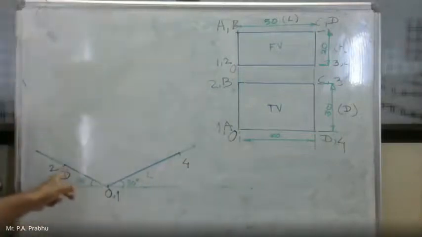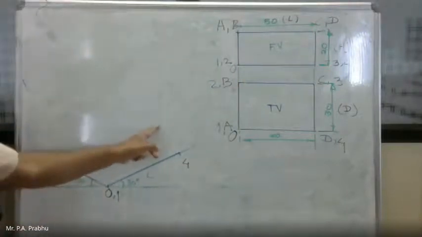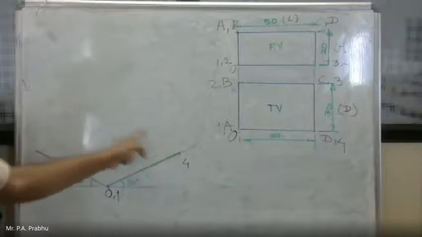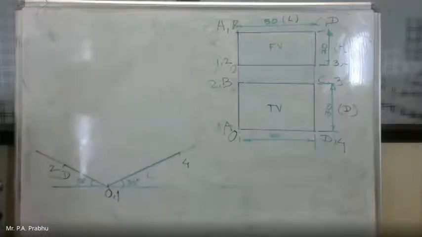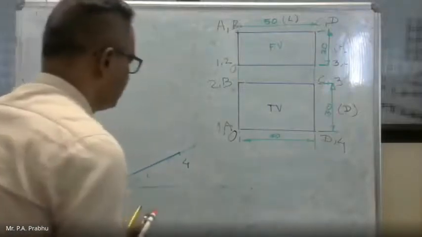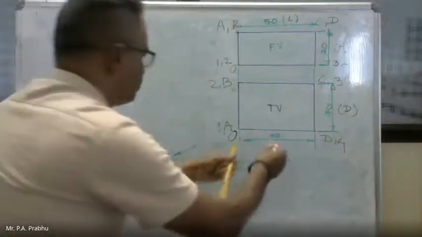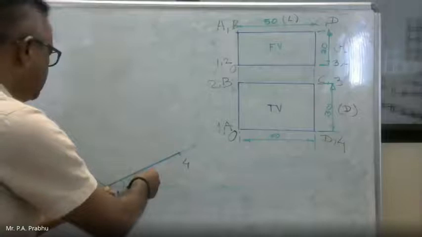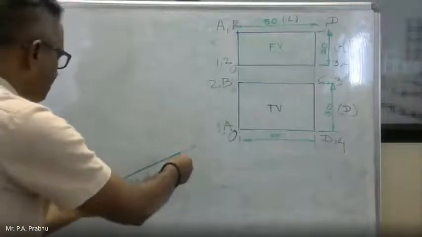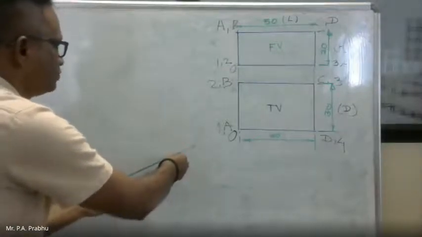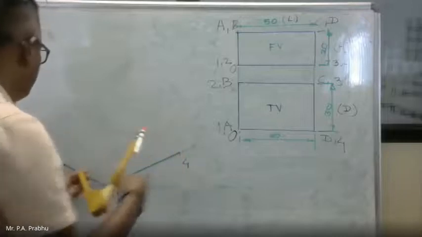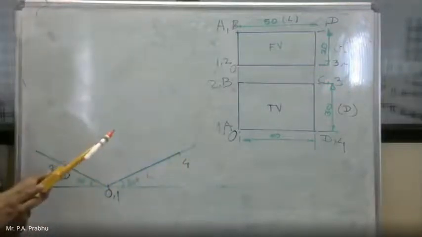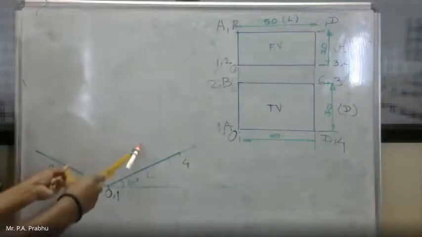Through point 2, again you have to draw the line inclined at 30 degrees, and through point 4 again I have to draw the line inclined at 30 degrees. Instead of that, use your compass. Take the dimension from your drawing or from this marked dimension. So this is 50 mm. Take 2 as center and draw this arc.